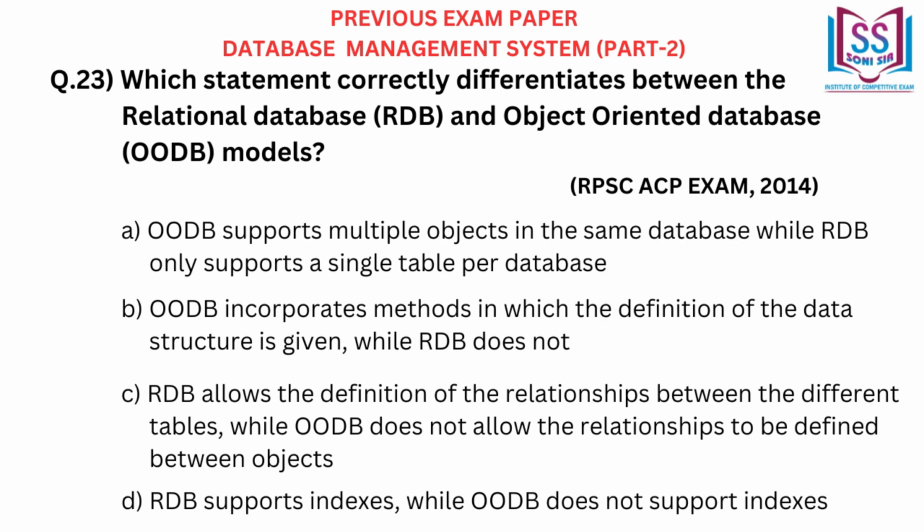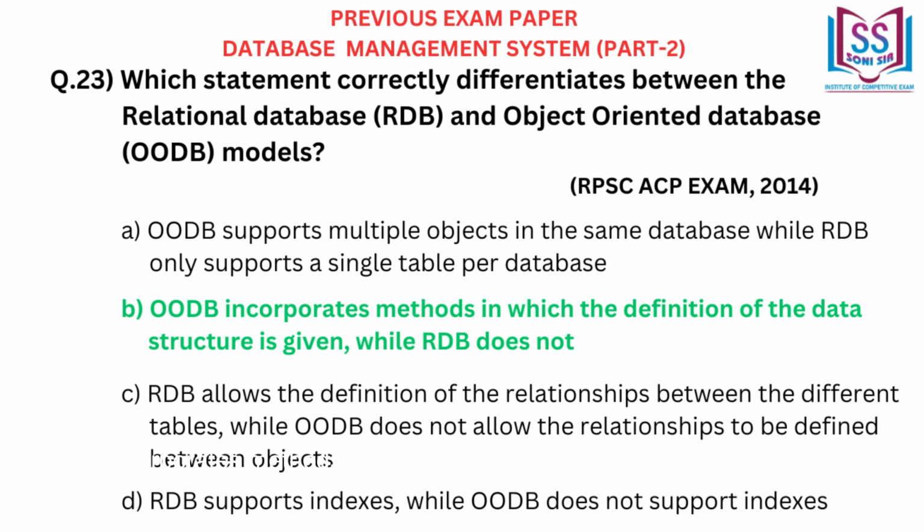C. RDB allows the definition of the relationships between the different tables, while OODB does not allow the relationships to be defined between objects. D. RDB supports indexes, while OODB does not support indexes. Correct answer B.